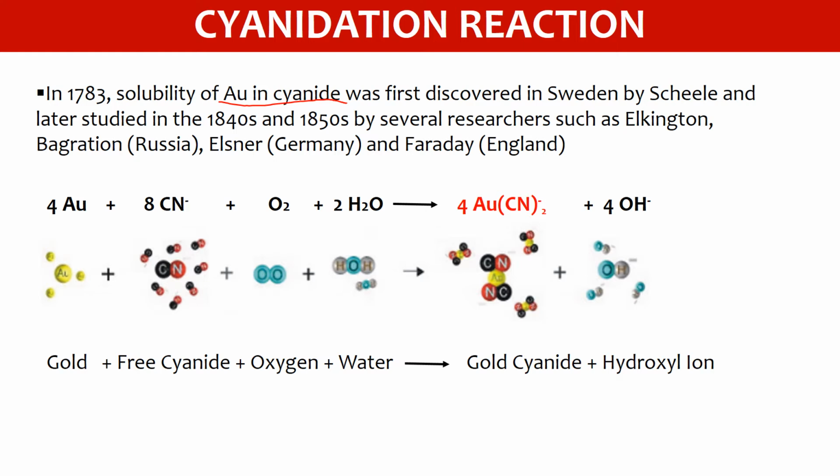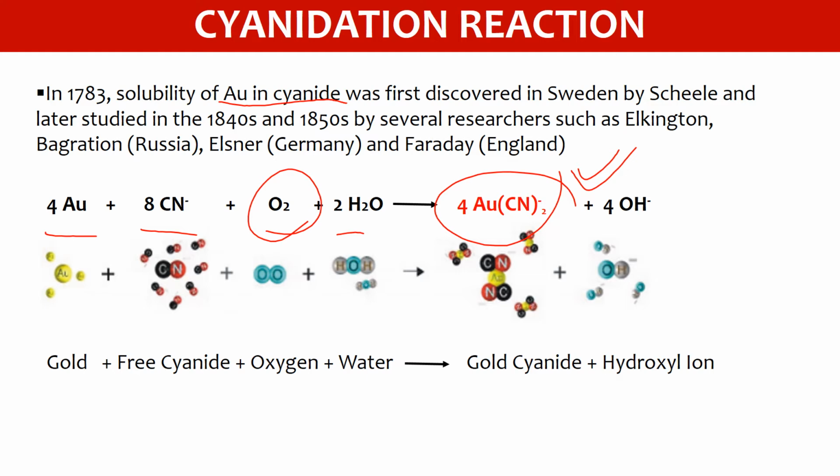And the formula that was agreed as the result for the dissolution of gold was 4Au, 4 gold, plus 8 CN minus, in the presence of oxygen, and then of course there needs to be water. You are then able to dissolve your gold. Okay, right. So this was the cyanide reaction that was proposed by several researchers.